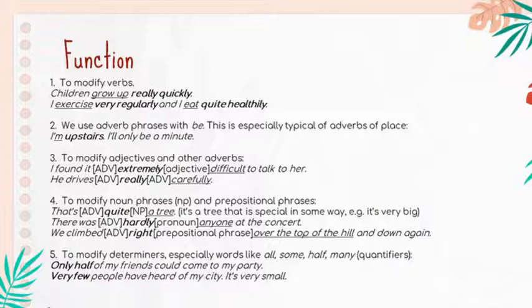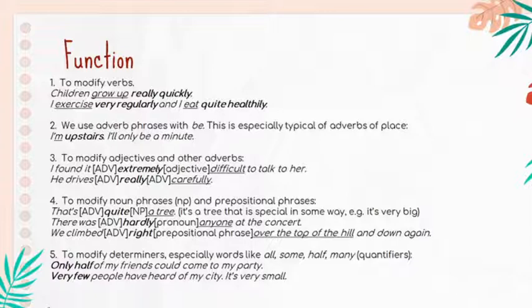And then the second, we use adverb phrases with be. This is especially typical of adverbs of place. For example, I am upstairs. And then the third, to modify adjectives and other adverbs. For example, I found it extremely difficult to talk to her.